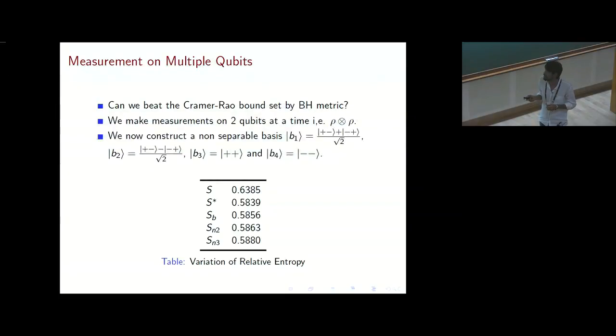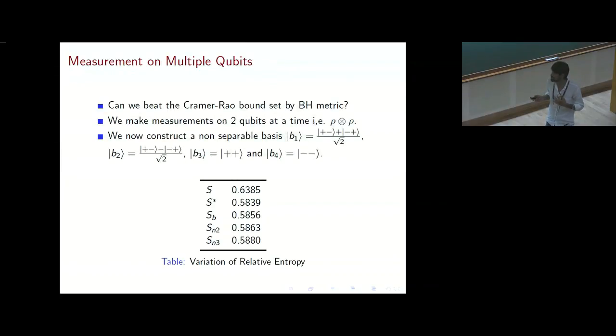Initially we took all 4 Bell states to get the probabilities, but it didn't show any improvement over classical probability. So we had to do some trial and error, where we ended up with 2 Bell states and 2 separable states, which actually gave us an improvement.